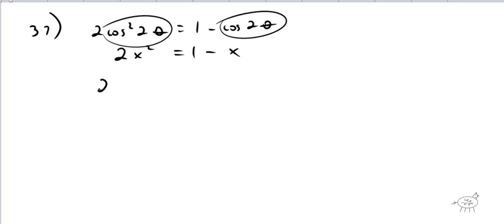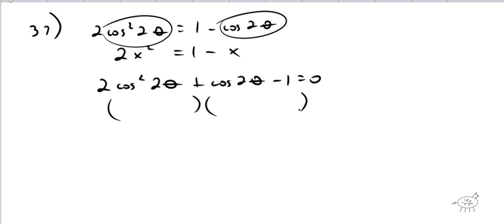So I wind up getting 2 cosine squared of 2 theta plus cosine of 2 theta minus 1 equals 0. If I factor that, I get 2 cosine of 2 theta and cosine of 2 theta, with plus 1 here and minus 1 here. It should work out nicely for you.